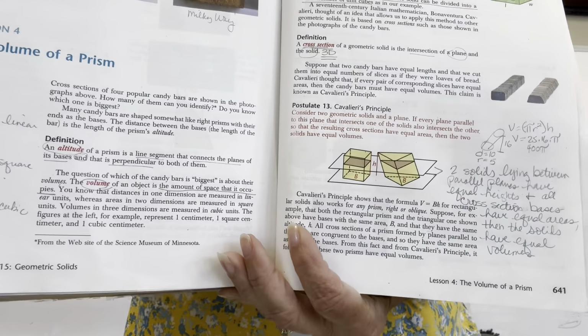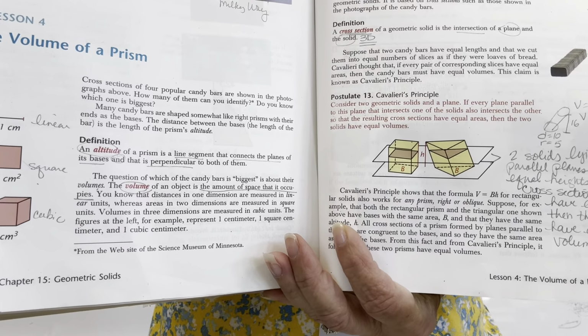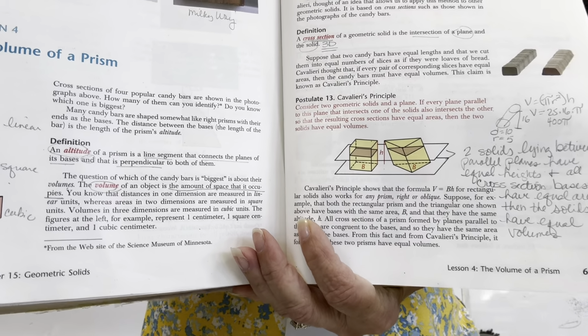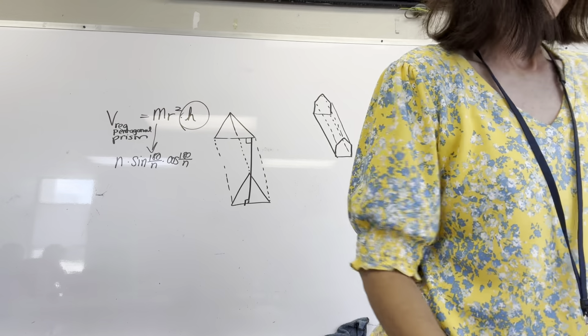Here's where the bases are not the same. One is triangular, and one, is it square or rectangular? It's rectangular, all right?